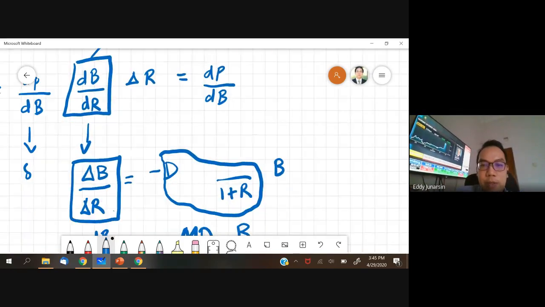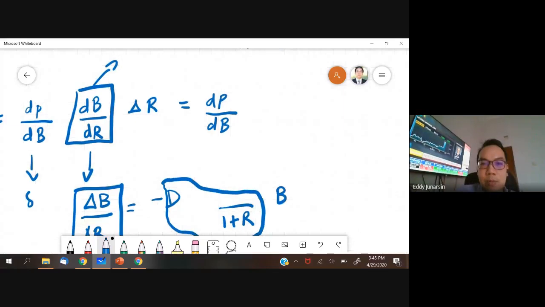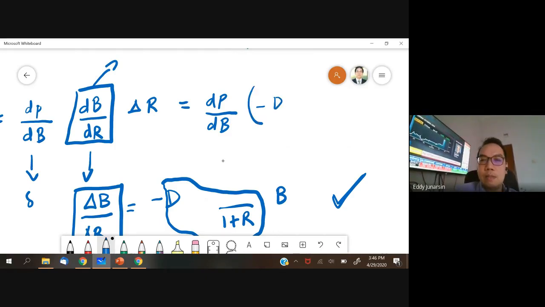We got it from here, then minus D, divided by 1 plus the original interest rate, multiplied by the value of the bond.